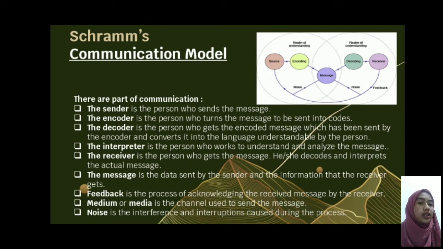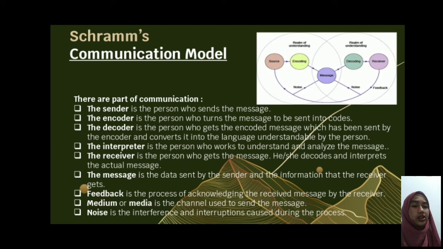The decoder is the person who gets the encoded message sent by the encoder and converts it into language understandable by the person. The interpreter is the person who works to understand and analyze the message. And the receiver is the person who gets the message. He or she decodes and interprets the actual message.